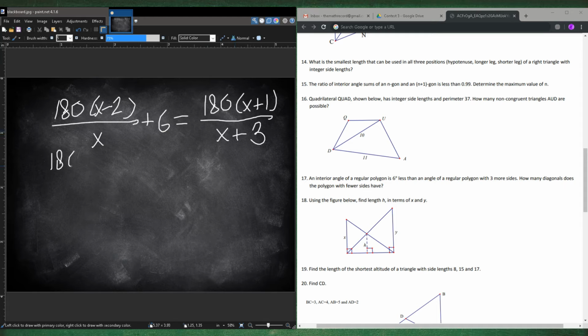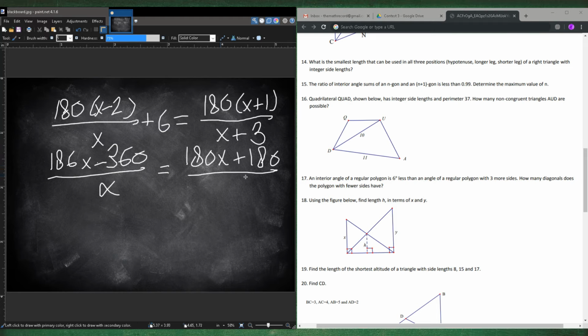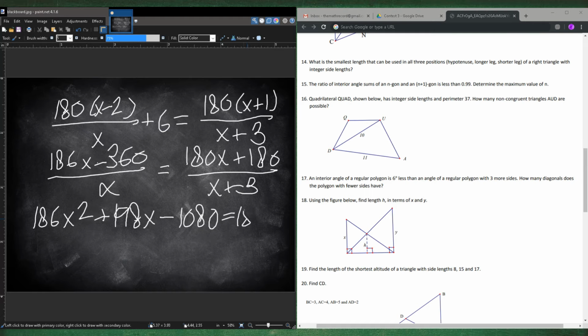Putting them together, that's 186x minus 360 all over x is equal to 180x plus 180 all over x plus 3. This gets up to 186x squared, and that gets to 186 times 3 minus 360, which is 198, plus 198x minus 1080 is equal to 180x squared plus 180x.